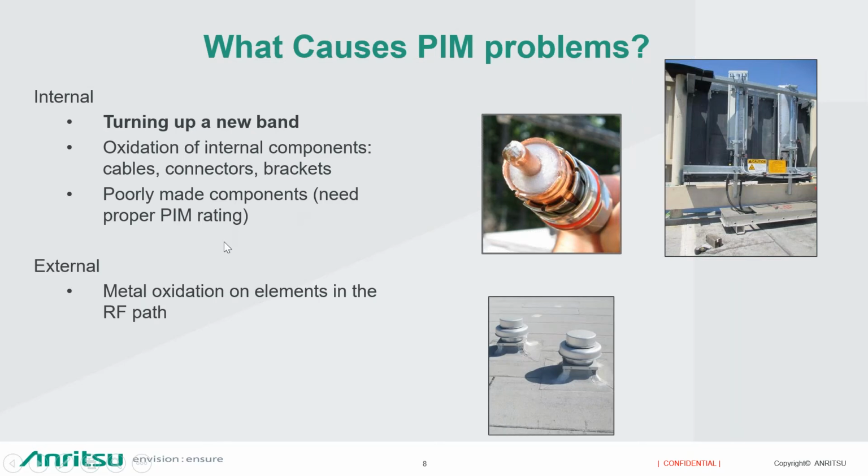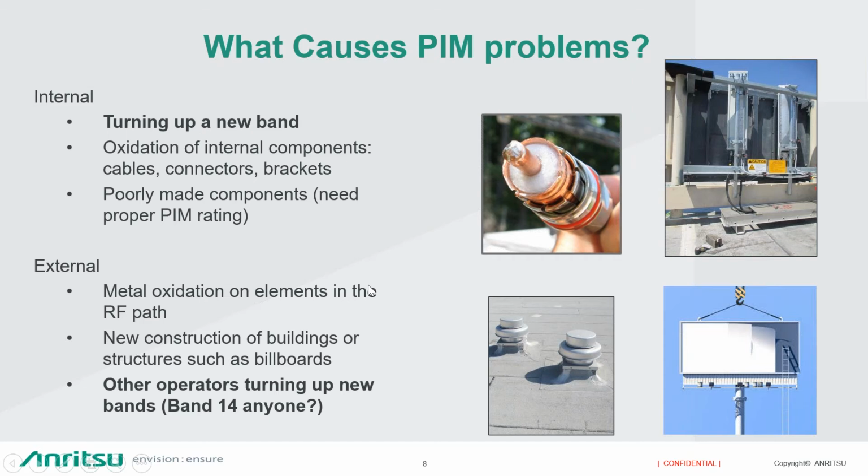Some of the external factors: you can get metal oxidation on elements in the RF path externally. So things on the rooftop, any kind of metal that starts to oxidize on the rooftop or in the path of the cell tower. You've got new construction. So somebody puts up a billboard, somebody puts up some weird structure, and now you've got something in the RF path that you didn't have before.